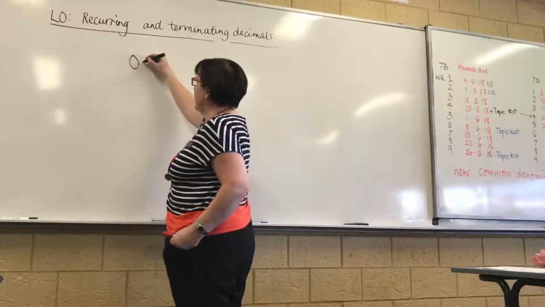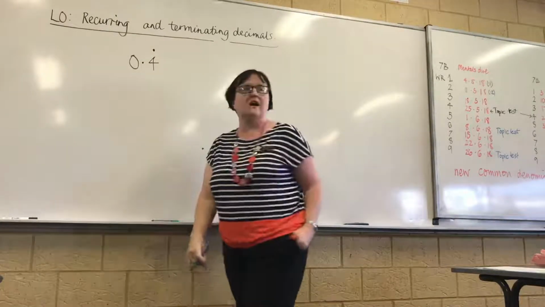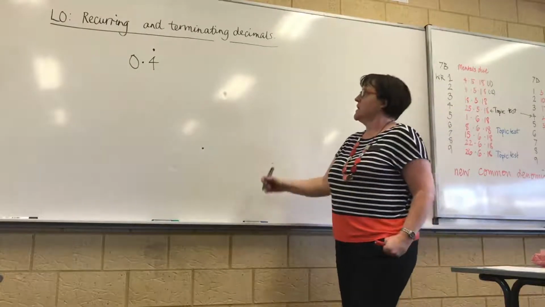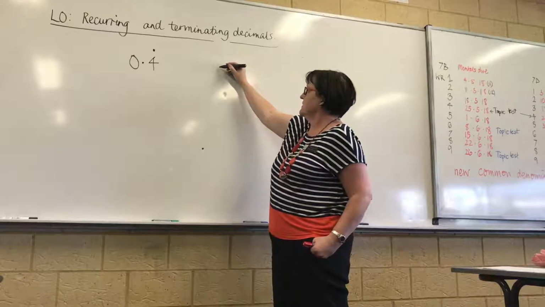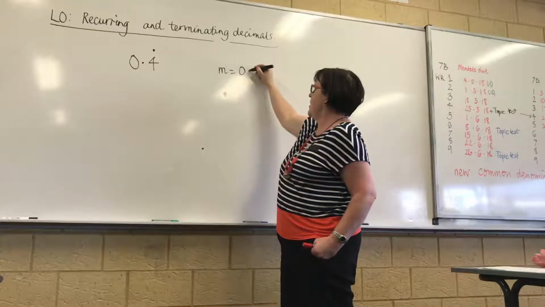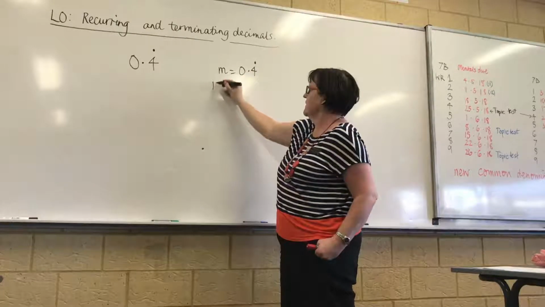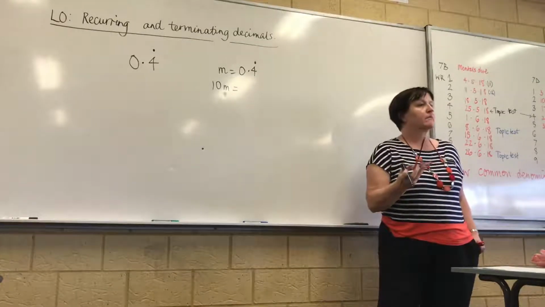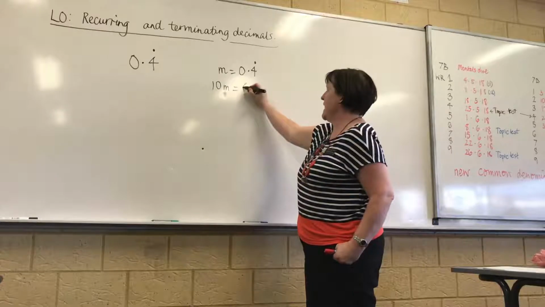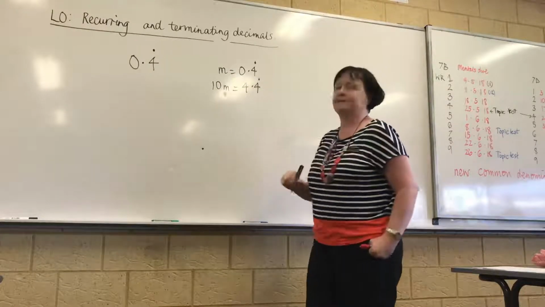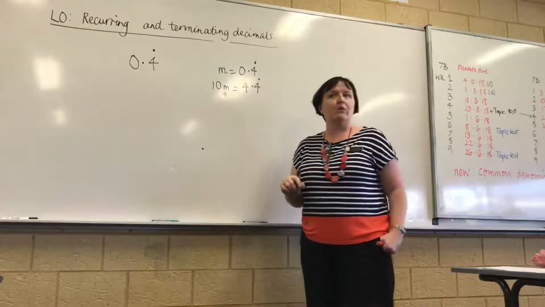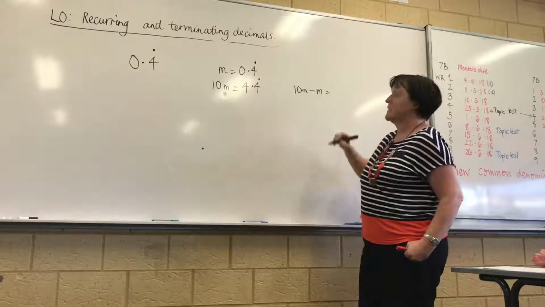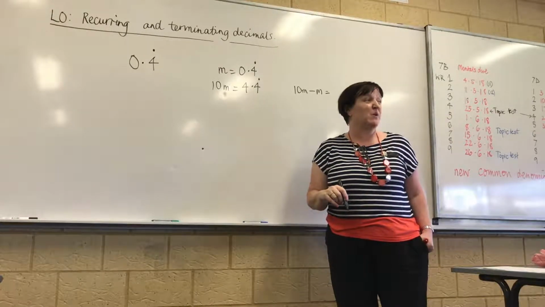So we've just done 0.3, so now we're going to do 0.4 recurring. Let's assume that m, again, is 0.4 recurring. What will 10m be? 4.4 recurring, yeah. Now we need to do 10m subtract m so we can find out what 9m is.